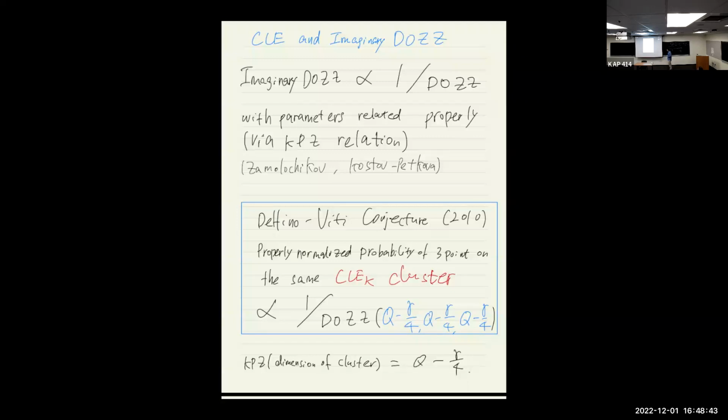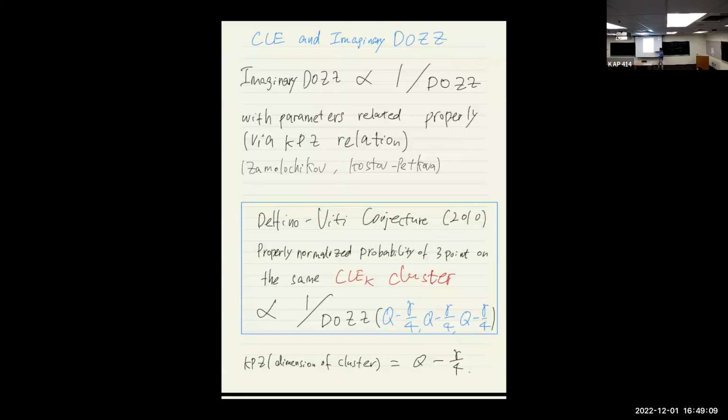And there is a conjecture by Delfino and Viti saying that the so-called 3-point function of this CLE kappa is given by this imaginary DOZZ formula. So let me just give the case kappa equal to 6. So kappa equal to 6, this CLE 6 is the scaling limit of percolation.